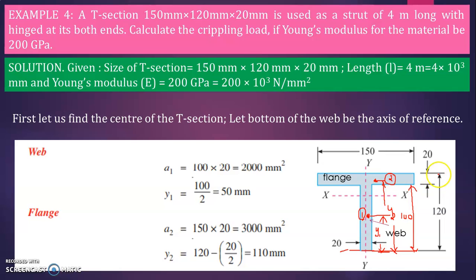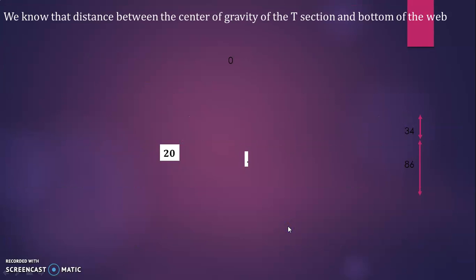Or the total depth is 120, and you have to deduct this portion, 20 divided by 2, 10, so 120 minus 10 is equal to 110. Any method you can use. So now you know A1, Y1, A2, Y2.